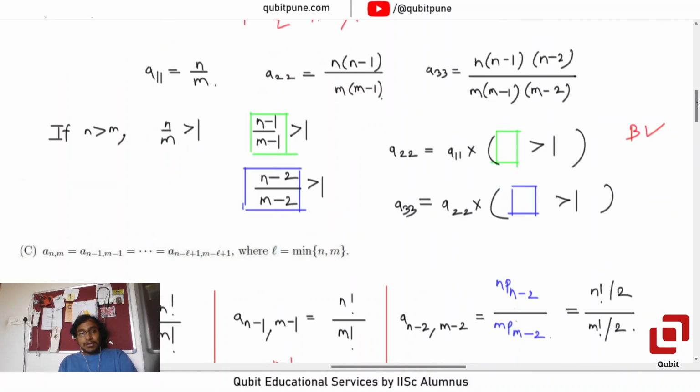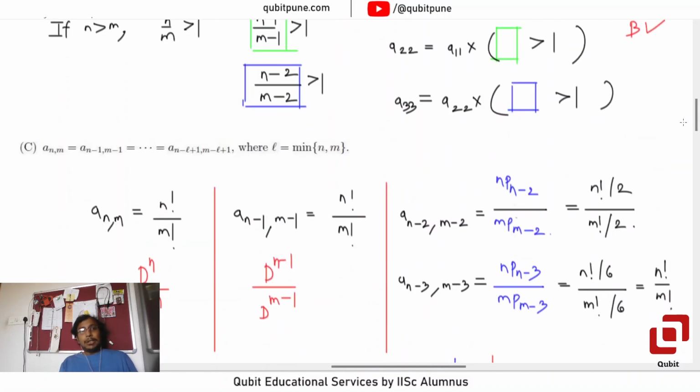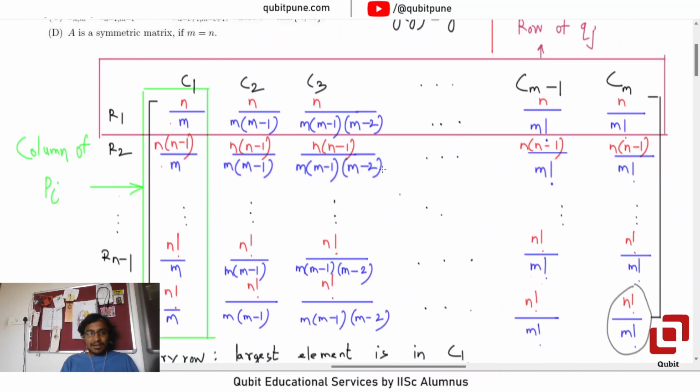So it looks like this pattern will continue, but how long are we going to do that? We can extend it until we reach either the first column or the first row, and remember we are starting from this.